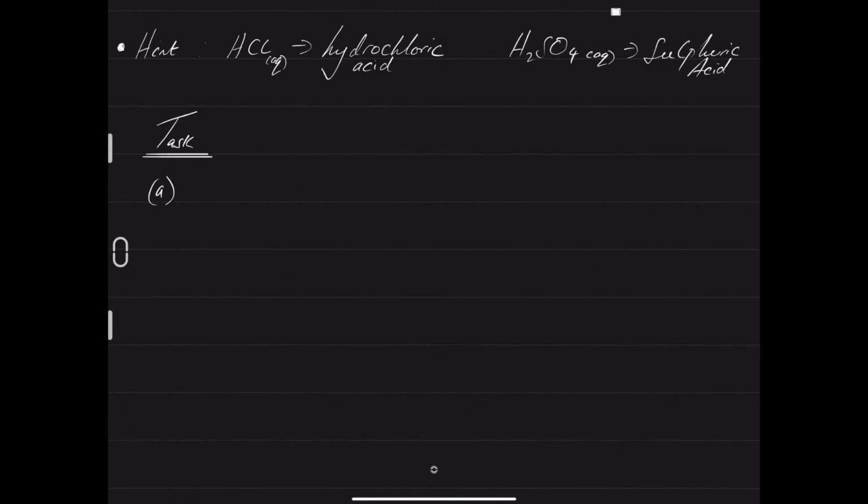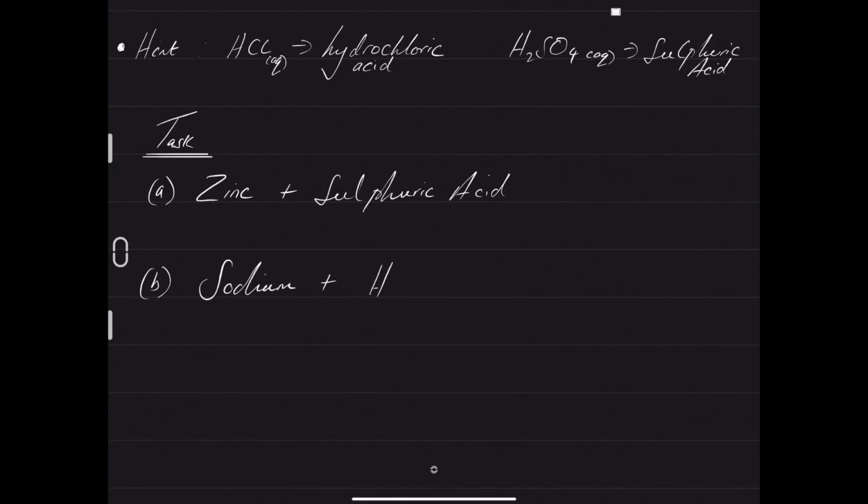I want you to give me a word equation and a full balanced symbol equation for two reactions. The first reaction is zinc plus sulfuric acid, and the second one is sodium plus hydrochloric acid.